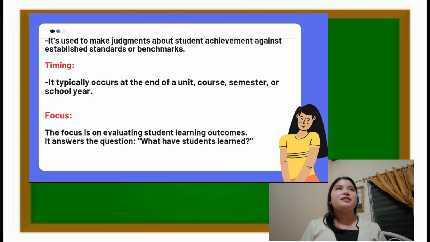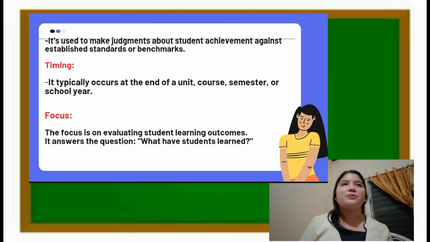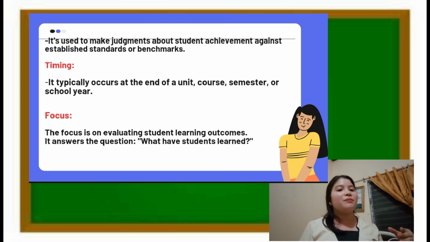The first thing we need to consider is timing. It typically occurs at the end of the quarter, unit, course, semester, or even school year. Also, we need to have a focus.